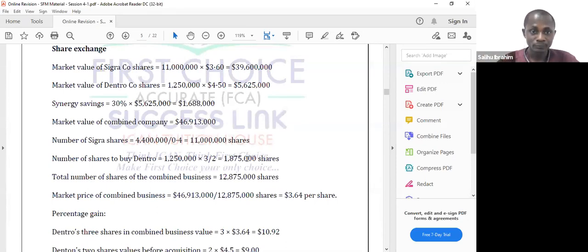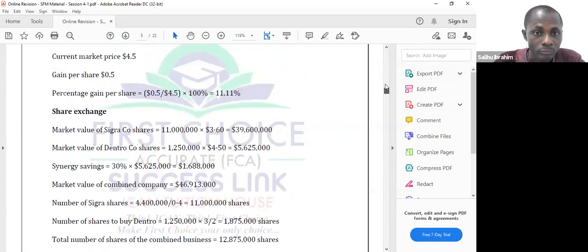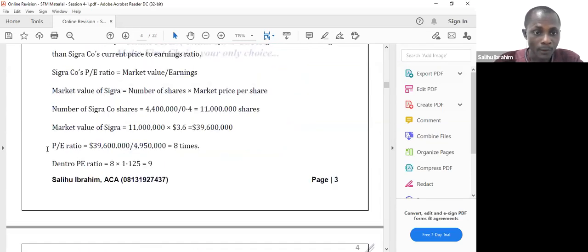So the total market value is 39.6 million, and the market value of Sigraco is this.